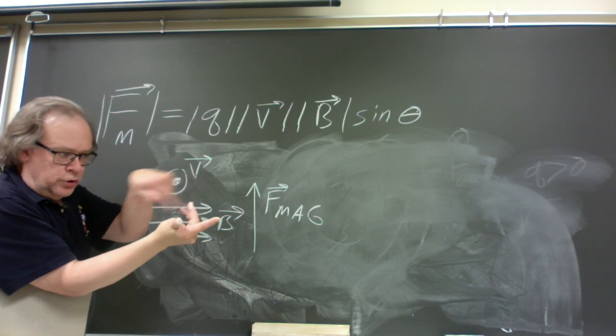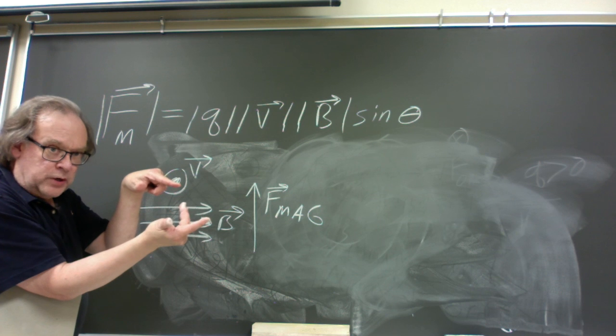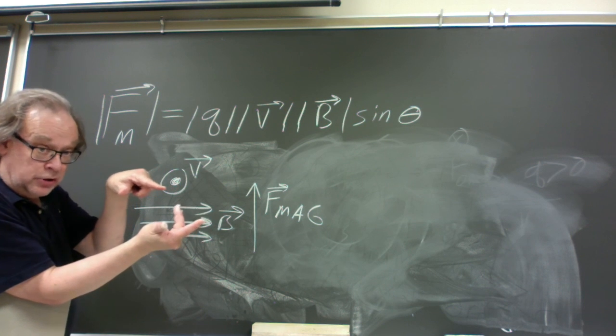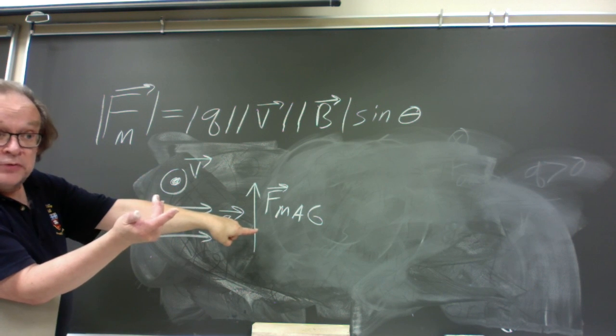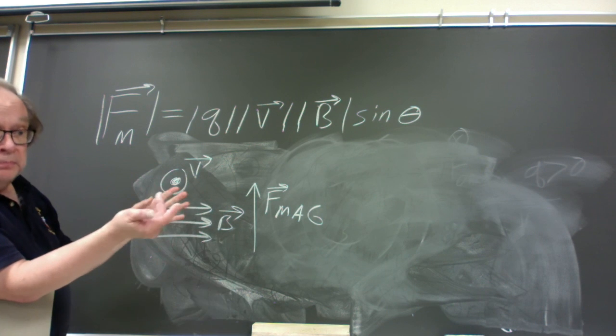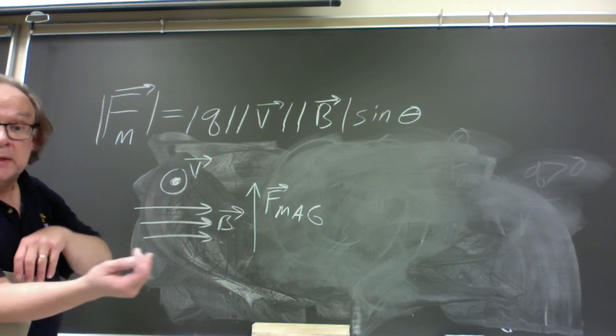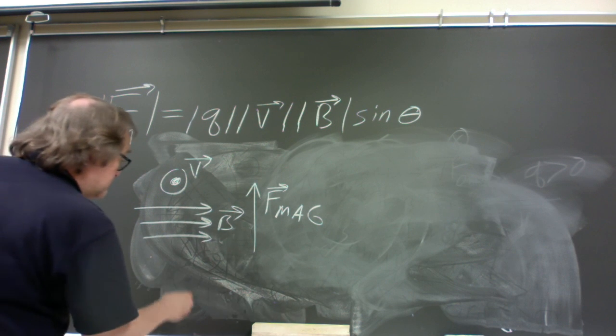Remember, when you're doing this right-hand rule, the way your fingers point is the direction of the force on a positive charge, and that's the direction of the actual force in this particular case. So the thing that is feeling this field and feeling this force must have been a positive charge.